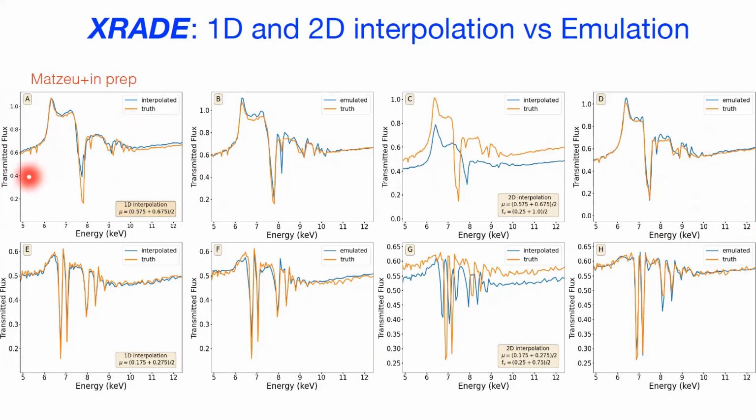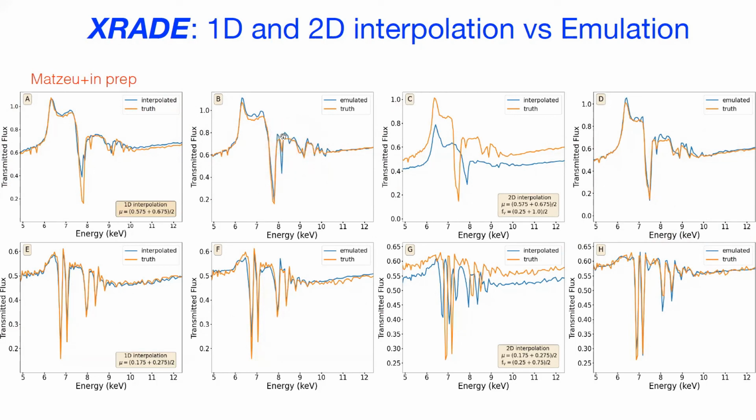If there is only one parameter, the interpolation between two values of the same parameter does okay. It takes the mean, but we see that the emulation does a slightly better job.